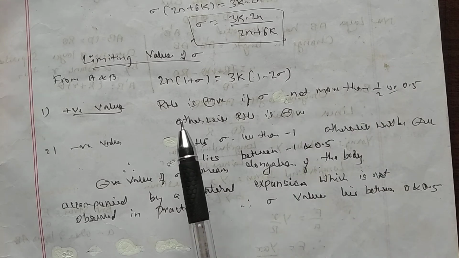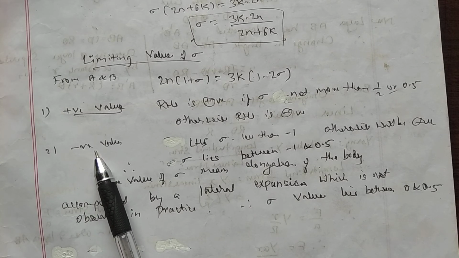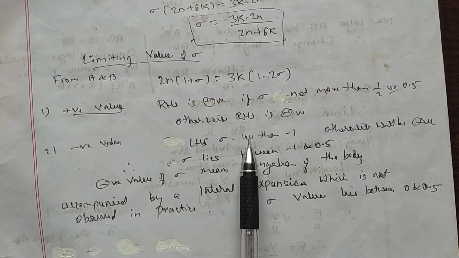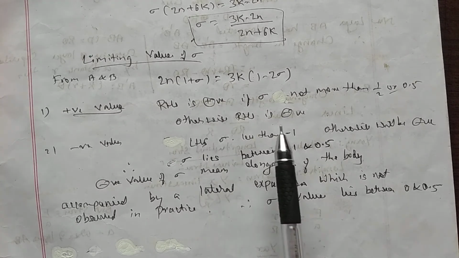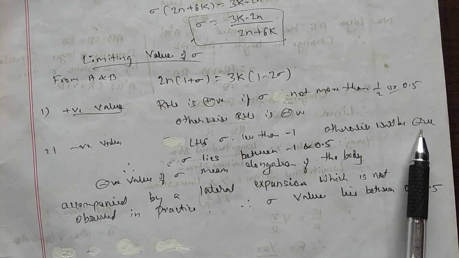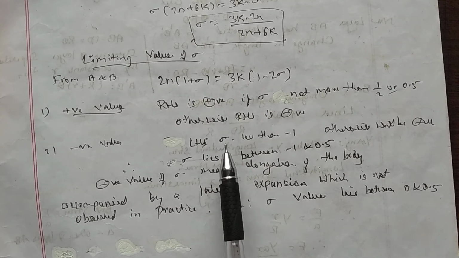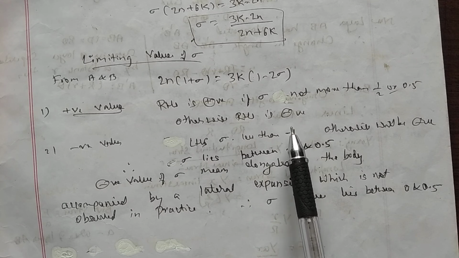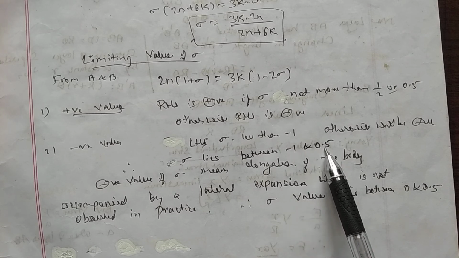This is one condition. Second one, for when sigma will be negative, we take the LHS. In the LHS, if sigma is less than -1, otherwise it will be negative. Therefore, we can consider that the value of sigma lies between -1 and half, that is 0.5.